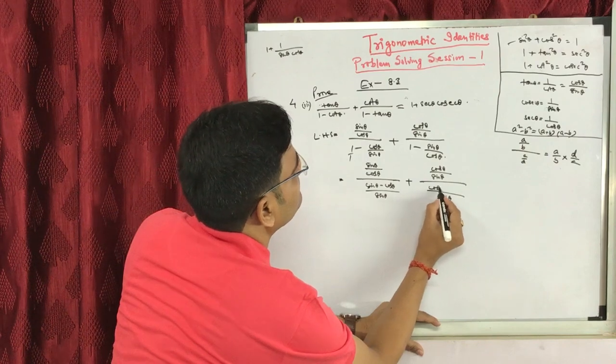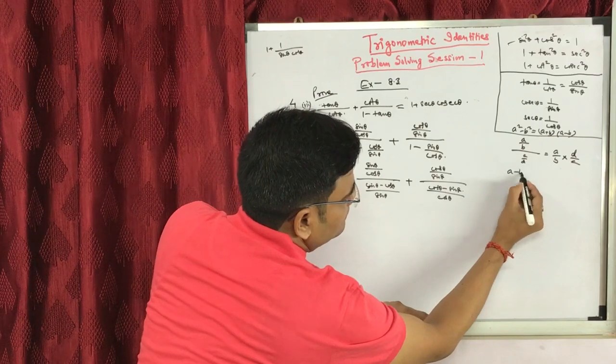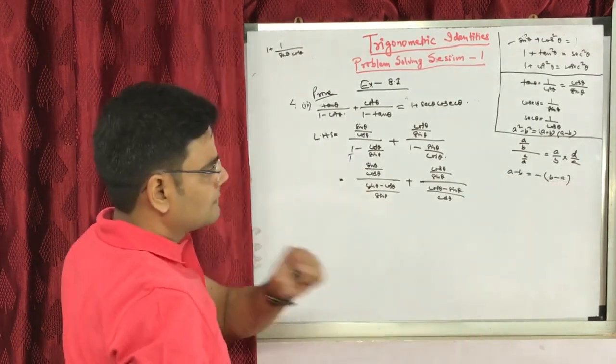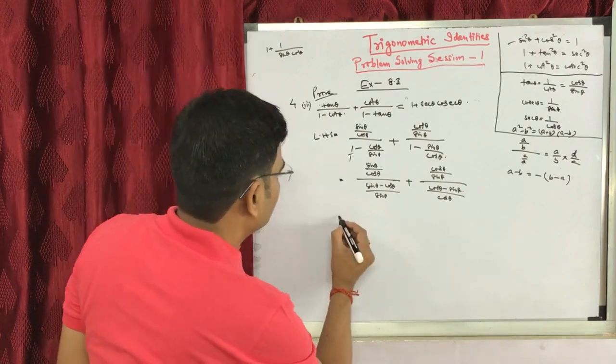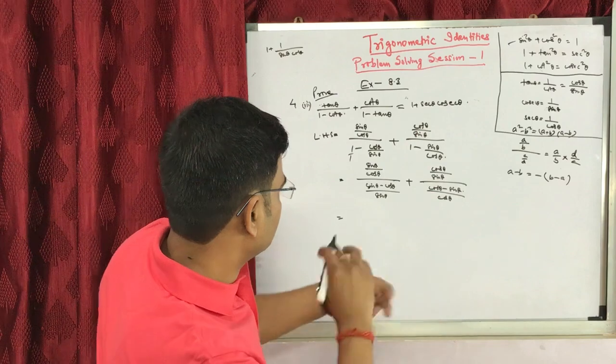Cos theta minus sin theta. Now a minus b, you know, is minus (b minus a). Okay. So now you invert a by b by c by d.